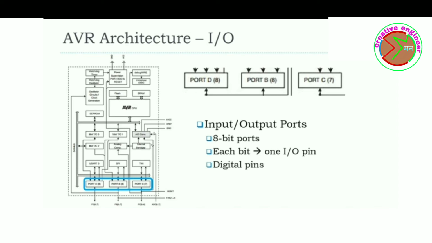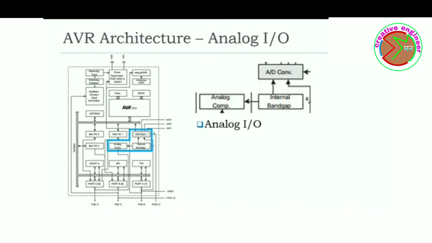Each pin can be referred to individually, or the whole port can be addressed as well. Each pin acts as either input or output, based on the programming. The analog ports are used to handle analog data. These are connected to an analog-digital converter that converts the analog signals to binary numbers that can be used for specific applications like PWM.